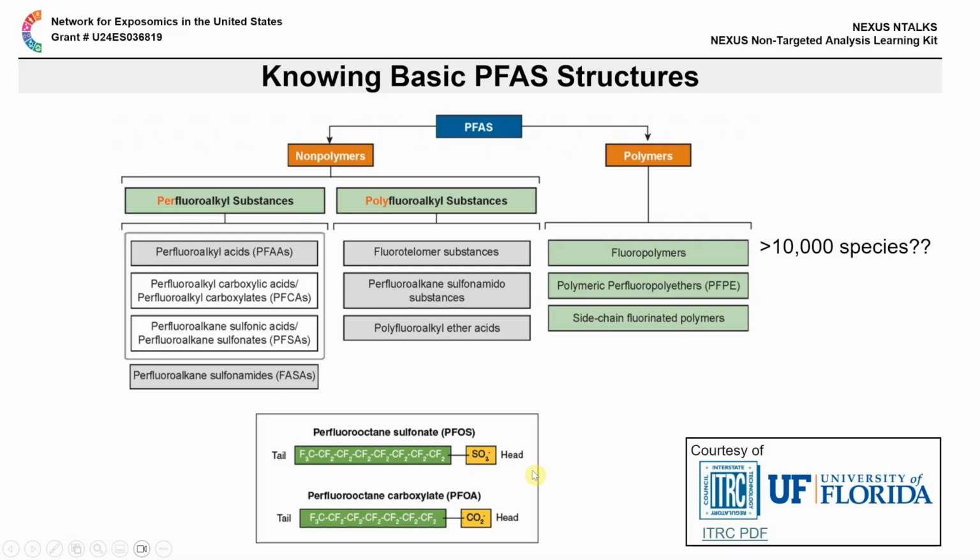PFAS is not one molecule, it's a group of many molecules. And the subclasses consist of one head group, or it could be multiple functional groups, followed by varying lengths of the chain. So you can have sulfonic acid with 1 carbon fluorine or CF3, 2 CF2 chain length, 3 CF2 chain length, etc. And all of these have slightly different properties.